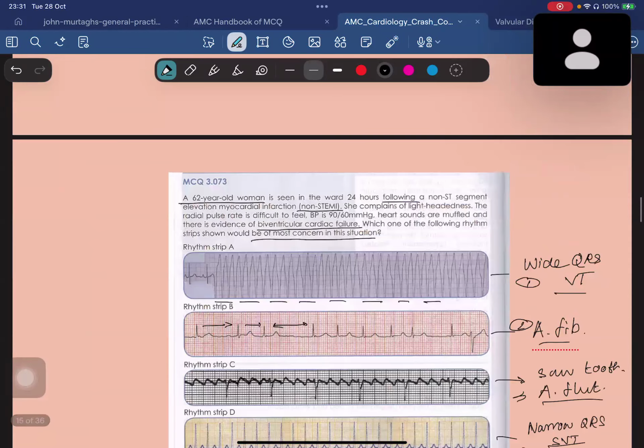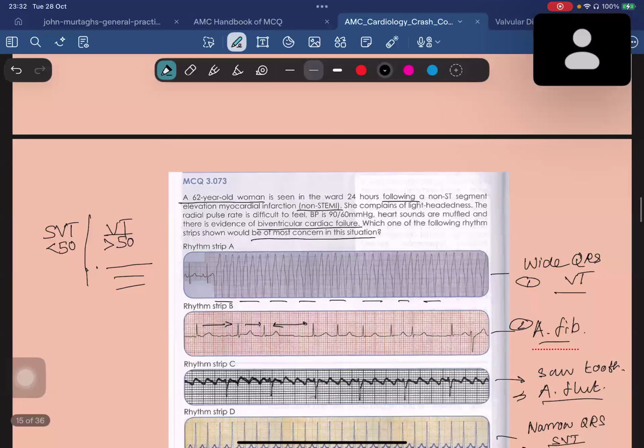In our discussion earlier, I divided a table and was making my note for SVT and VT. I wrote SVT in those 50 years old and below, VT 50 years old and above, and I had a point called pre-existing cardiac diseases.